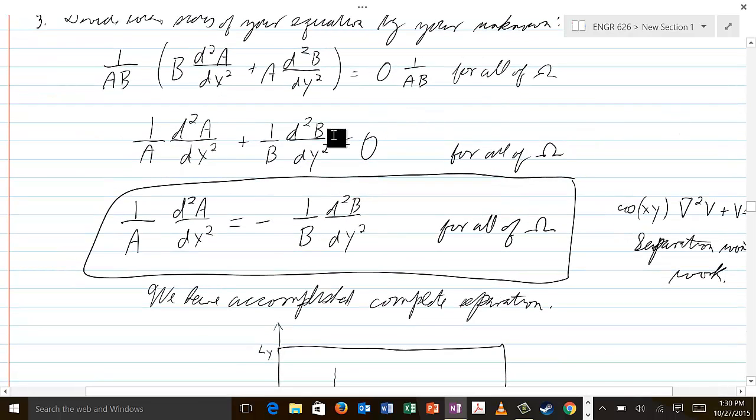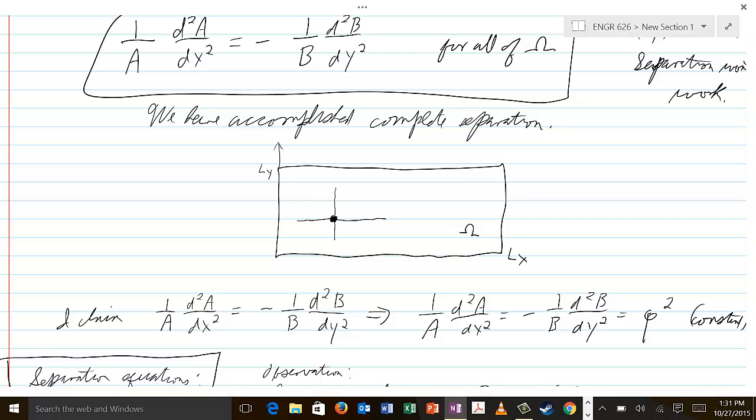And now if you bring the 1 over b times d squared b dy squared term over to the right-hand side, we have this. So we have 1 over a times d squared a dx squared is equal to minus 1 over b times d squared b dy squared. We have achieved the separation of the variables. We've separated the x variation of this problem from the y variation.